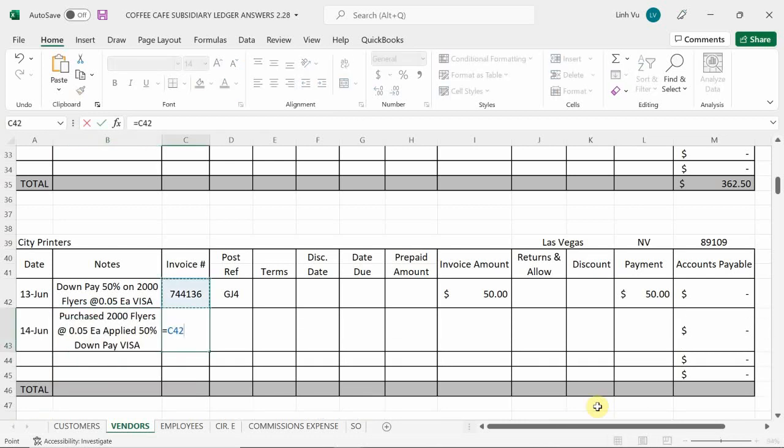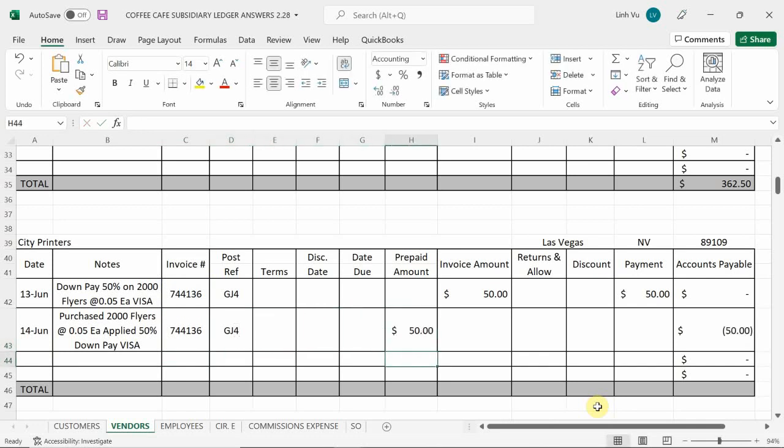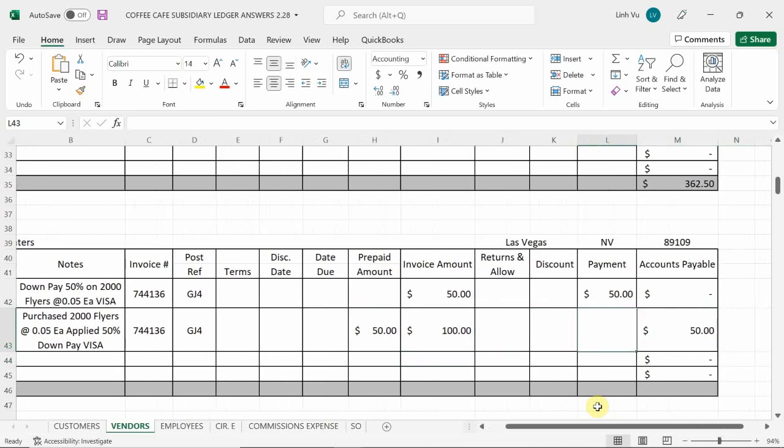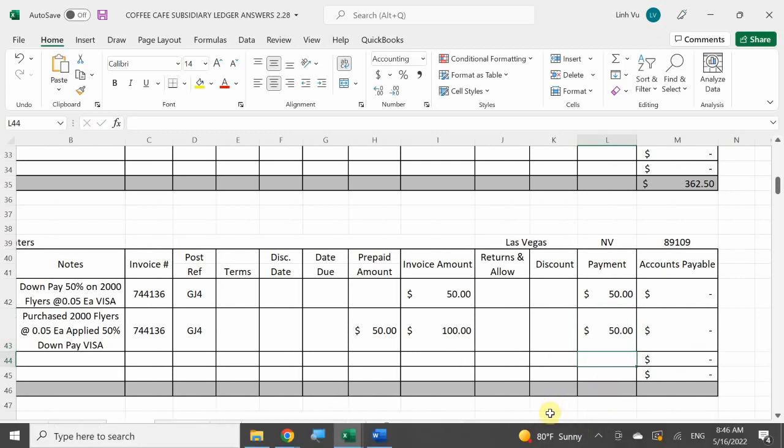It's the same one. We're still on page 4, but this time this is what you have to do. You have to do 50 for the prepayment, 100 for the bill. It says 50, and then we made a payment for 50. That's how I want you to fill out this.